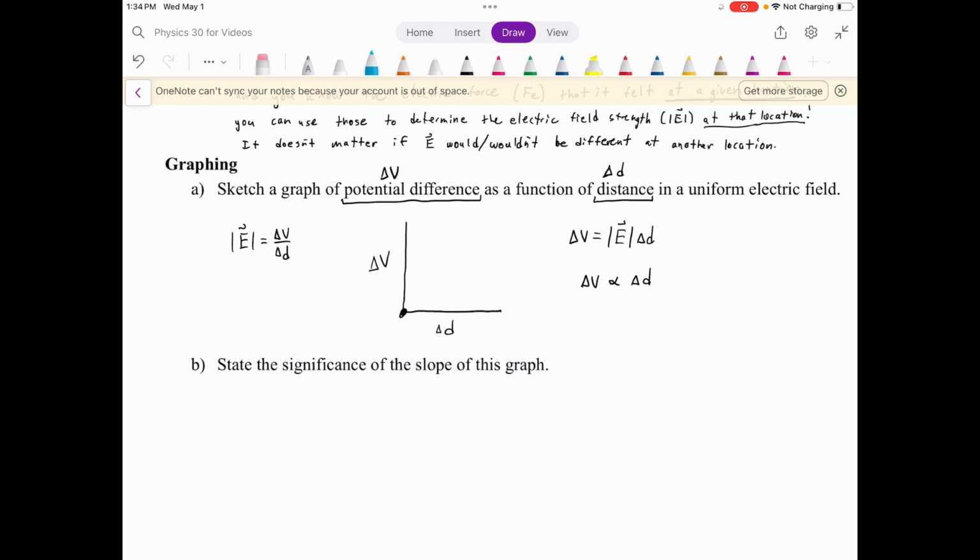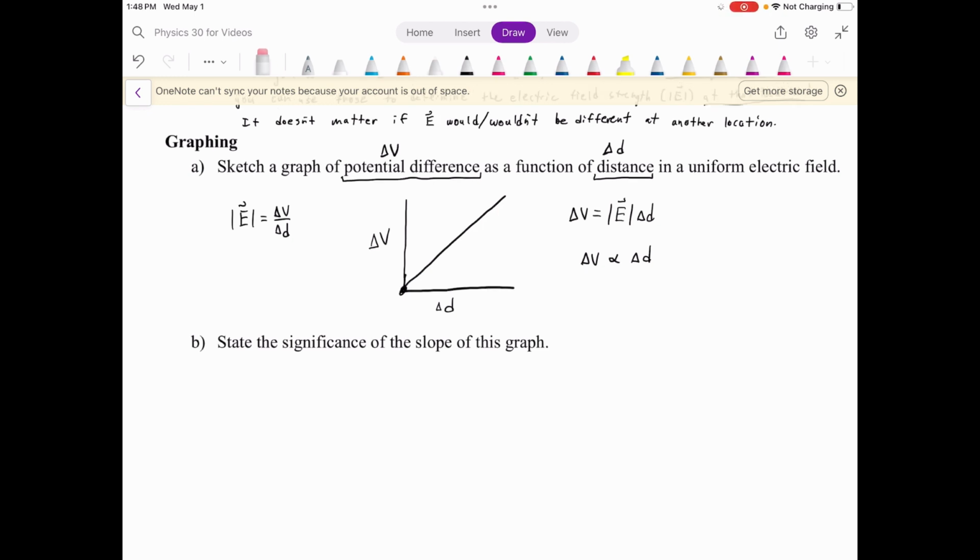Let's just draw in our line, and then we can think about that. What I mean is that if this is 2 and this is 1, let's say, then if this is 2, this will also be 1. For a constant change in the displacement, or the distance, we get the same change in the voltage. Okay, that's what a linear relationship is all about.